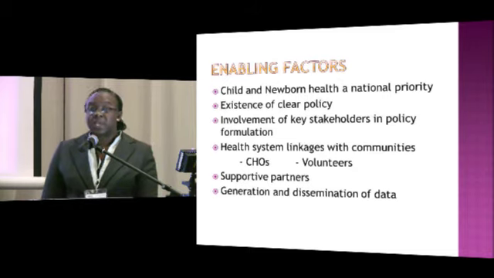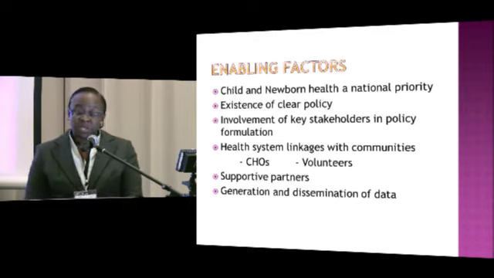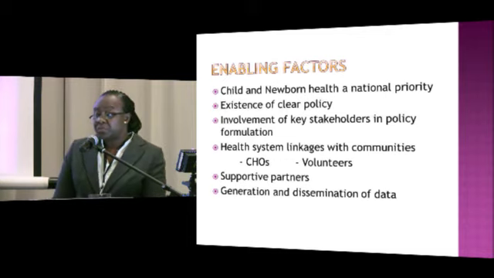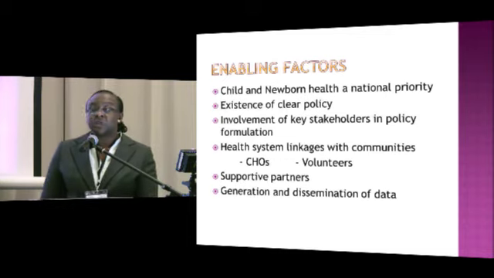And the existence of a clear policy also has been very beneficial, so that anyone who comes on board has a reference material and knows where we are heading. The involvement of key stakeholders in the policy formulation has also helped us, because everybody sees themselves as on board and united in this venture.